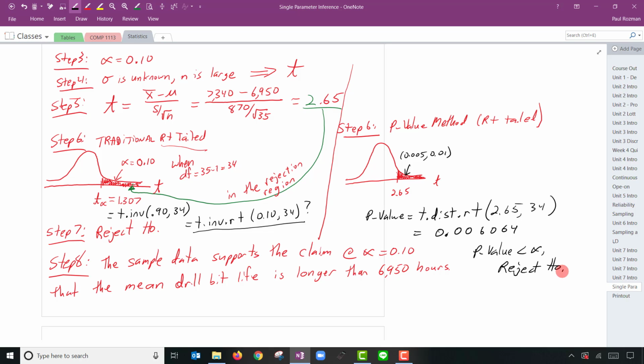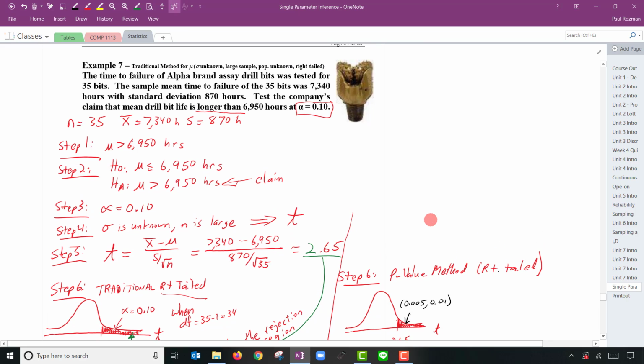Especially on a one-tailed test. On a two-tailed test, you might as well do a confidence interval. As we saw when we did confidence intervals in the homework, if the tested value, if the null hypothesis ends up within the confidence interval, then you tend to not reject the null hypothesis.